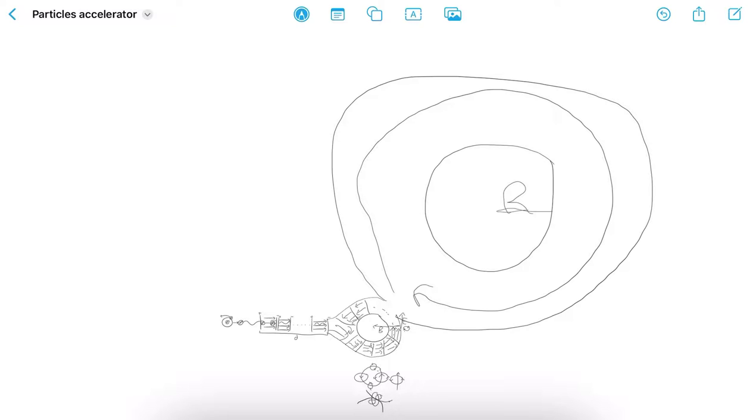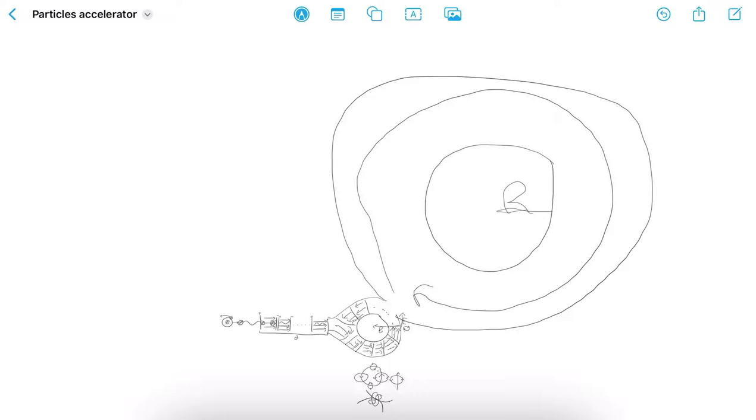But we not only want the protons to travel at high speed, we also want to see how those protons behave when collided together at such high speed.